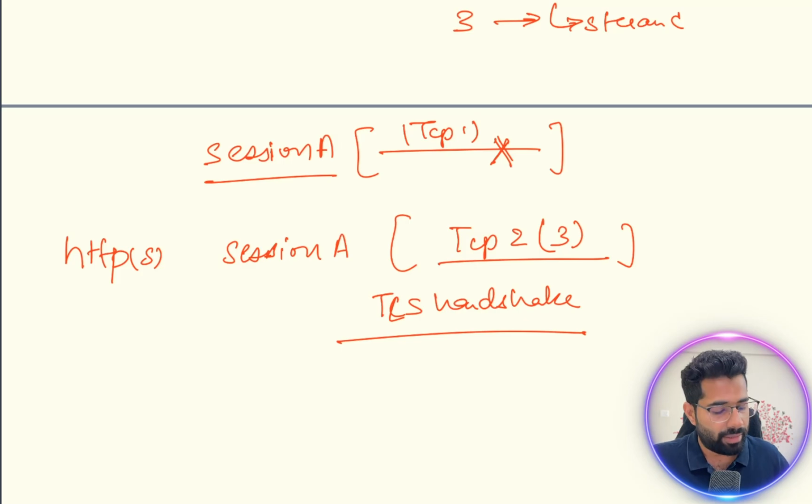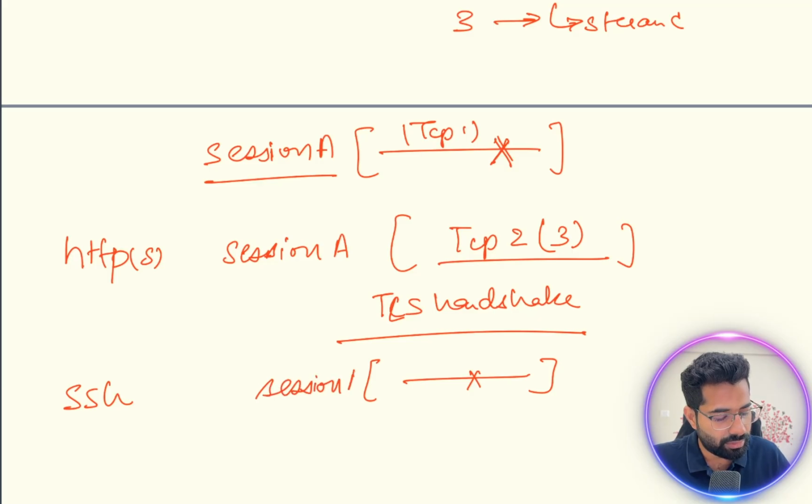Whereas when you're doing SSH based communication and your TCP connection breaks, your session is not reusable. So you have to create a new TCP connection and a new SSH session.